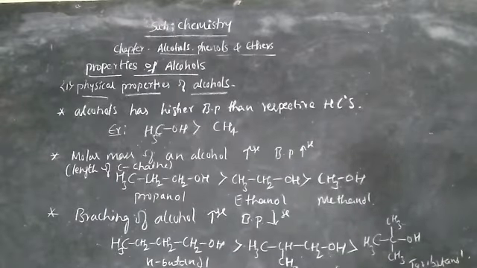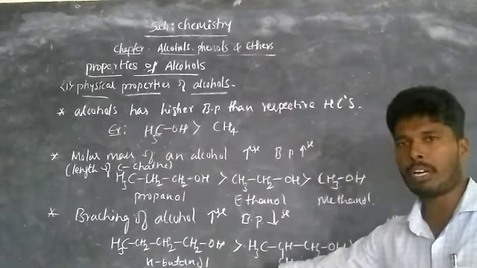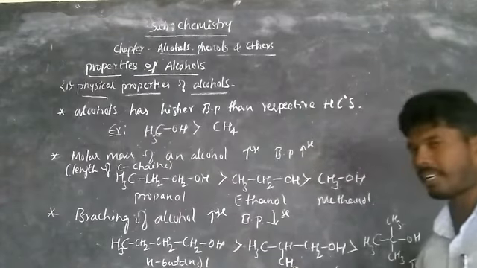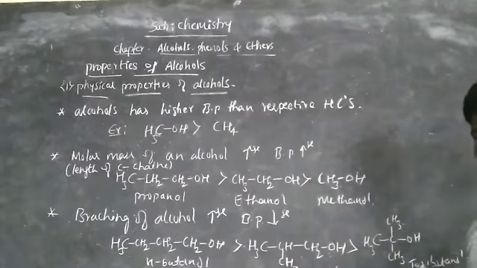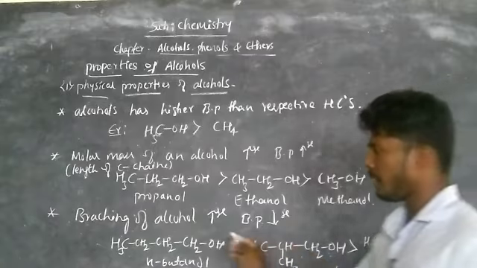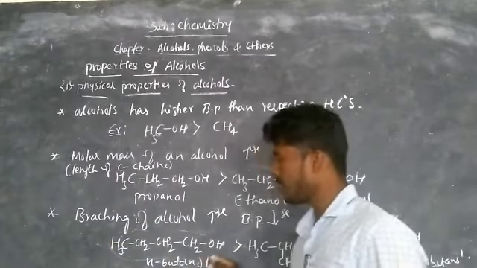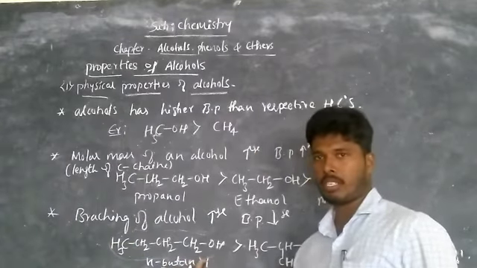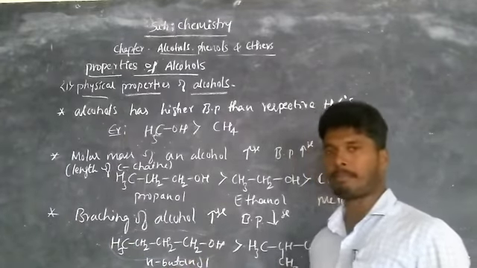So among these three, N-butanol has the highest boiling point, then secondary, then tertiary butanol. Because here the length is higher, hence it occupies large space, meaning large molecular space.